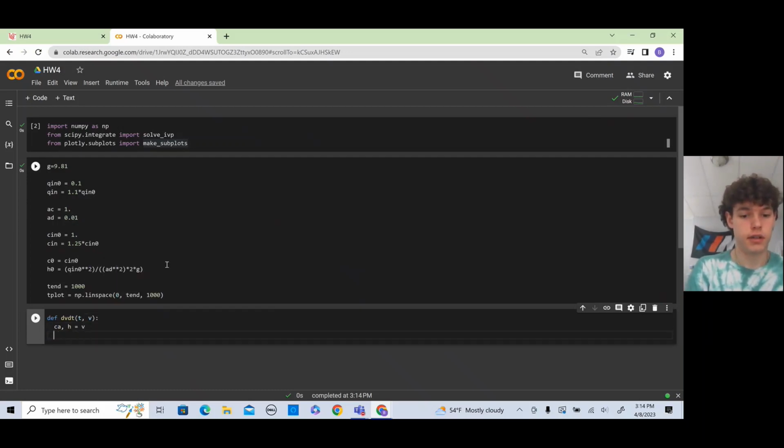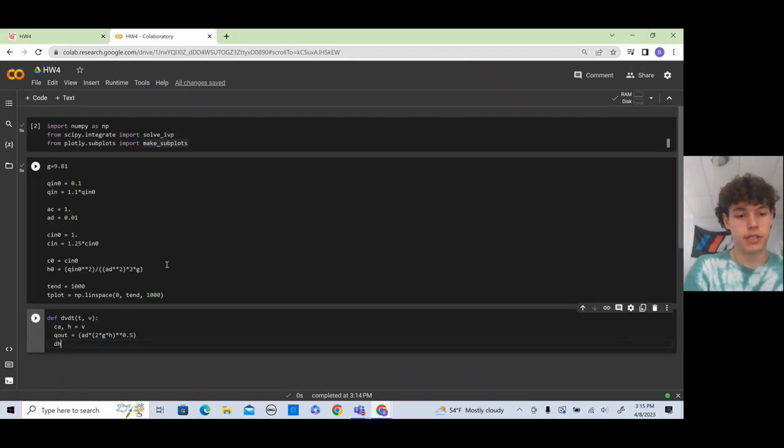Then we'll define our Q out, which in this case is just going to be our AD times 2 times G times H, square root of that, to the 0.5. Oh, hold on, that needs to go on the outside, 0.5. So now we have our Q out.